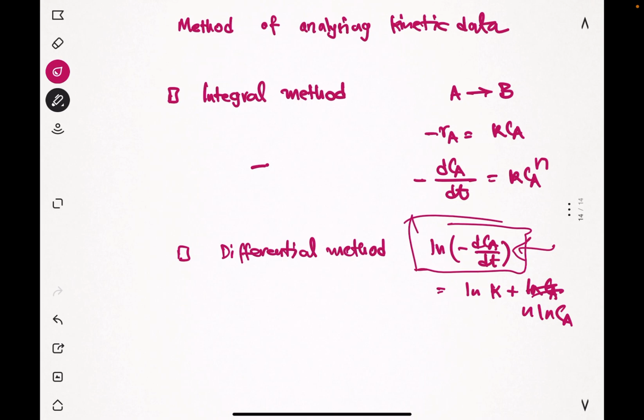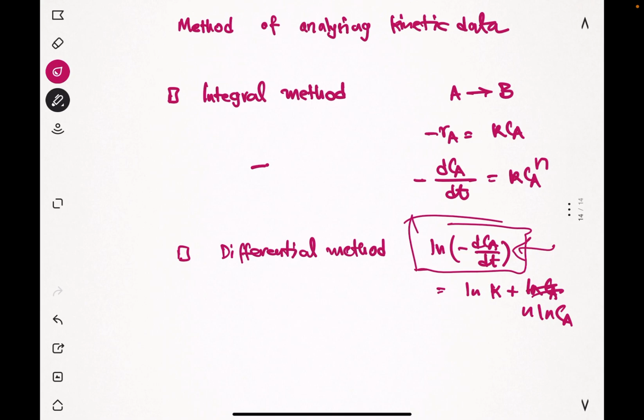By approximation, if our approximation fits the experimental findings, then we say, okay, this is good enough. And even with inaccurate data, the integral method is more likely to give you a good result.